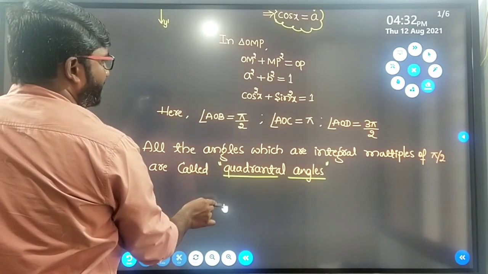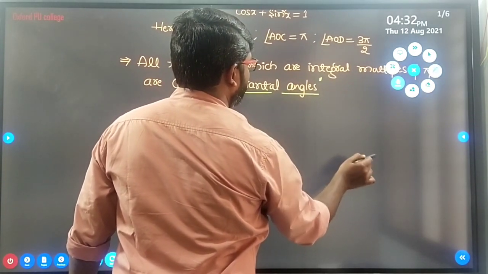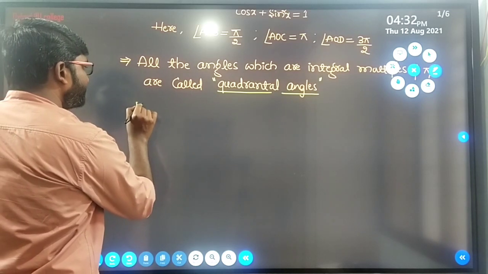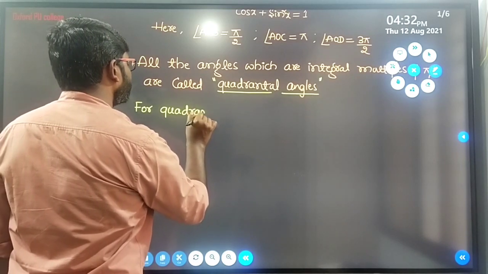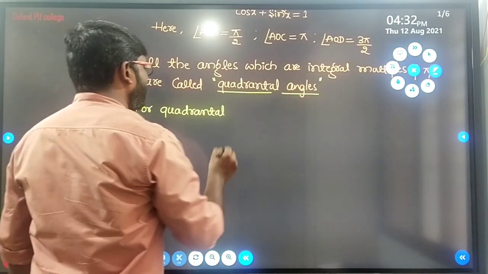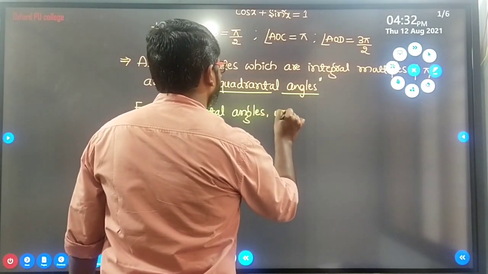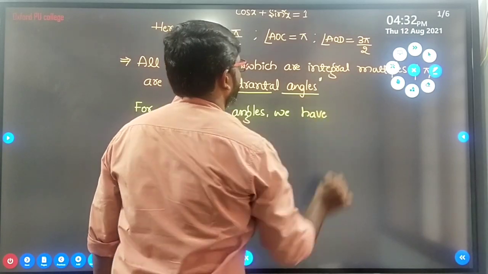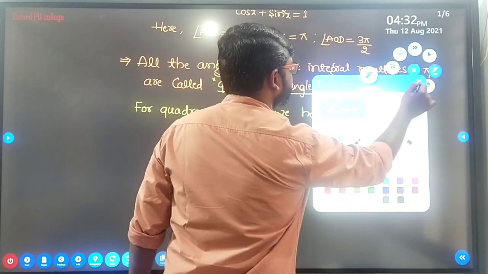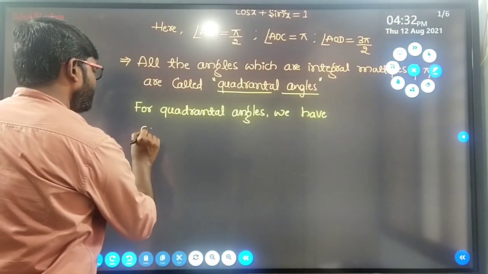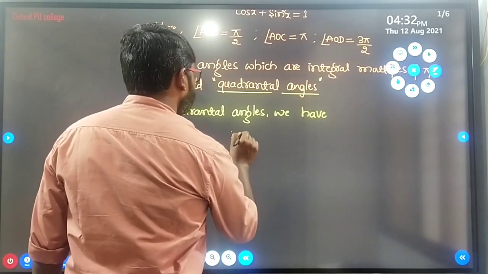Next we will have to go for quadrantal angles. For quadrantal angles, we will have to list out all those values now. We have, see here, cos 0 degree, and here I'll be writing sin 0 degree.